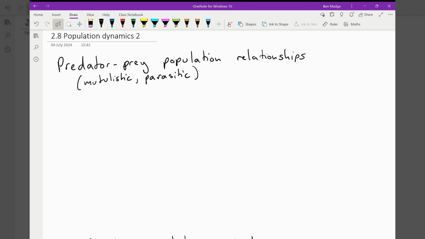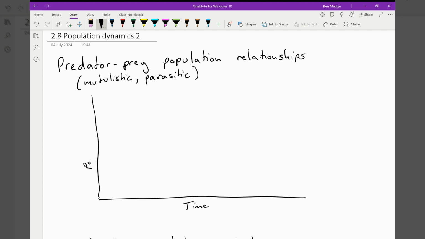We're going to start off with drawing some axes so we can show a population changing over time. So this is time, and this is population. So we're going to have a herbivore. So this is going to be a deer species.